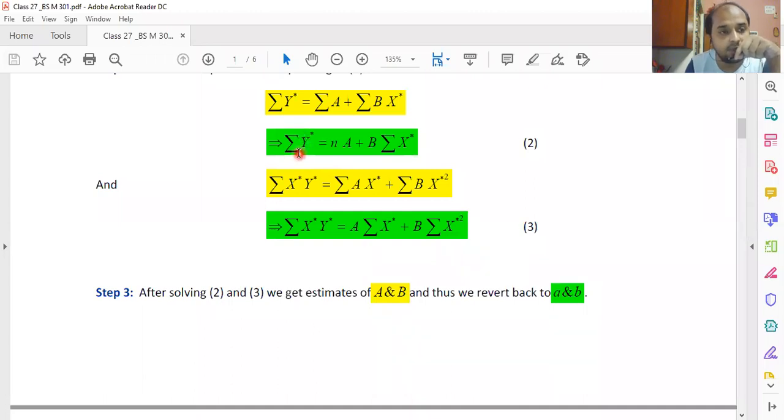We need summation y star, summation x star, summation x star y star, and summation x star squared. So in the chart you are going to prepare, the columns y star, x star, x star y star, and x star squared must be present. The formula is telling you what to put inside the chart.